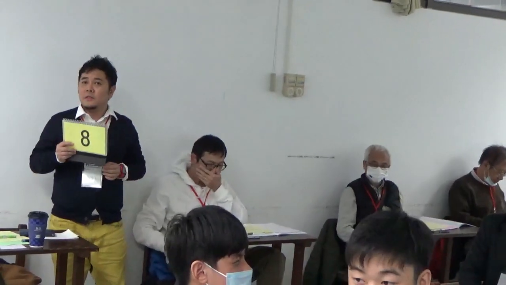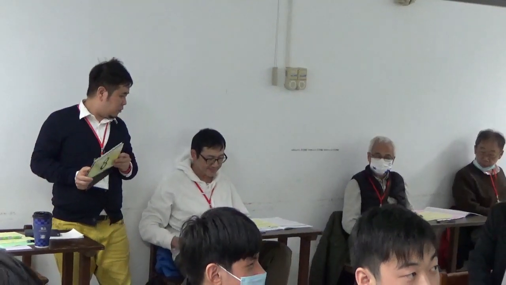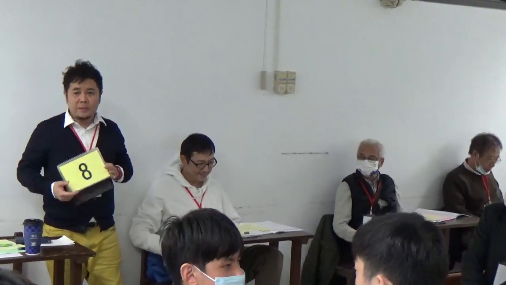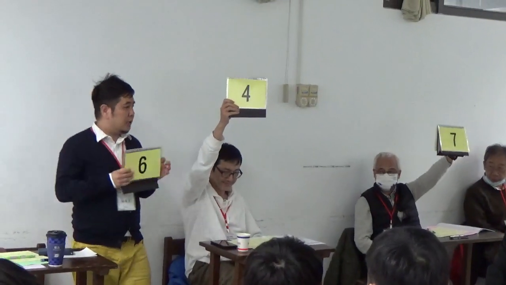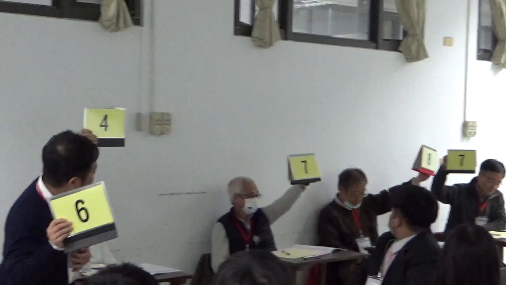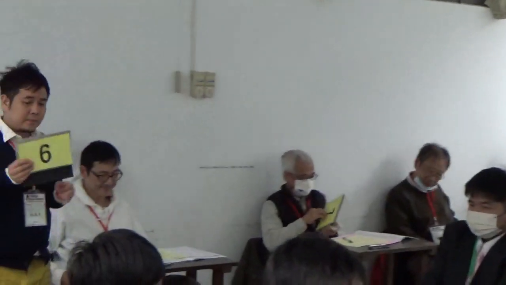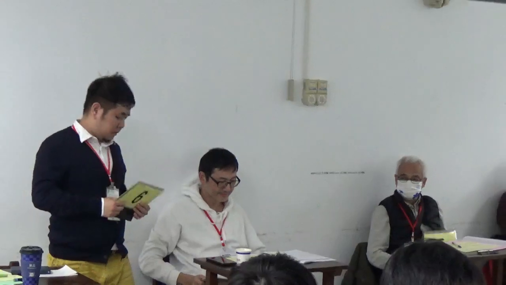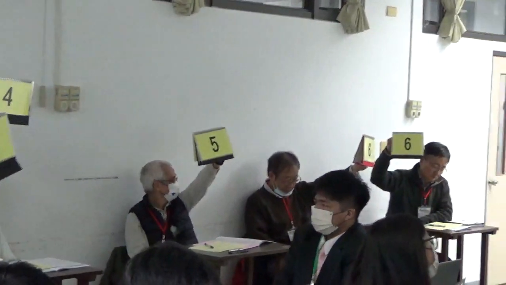Next would be the score for opponents. So it's 6, 4, 7, 8, 7. Finally is the score for reviewers. So it's 6, 4, 5, 6, 6.